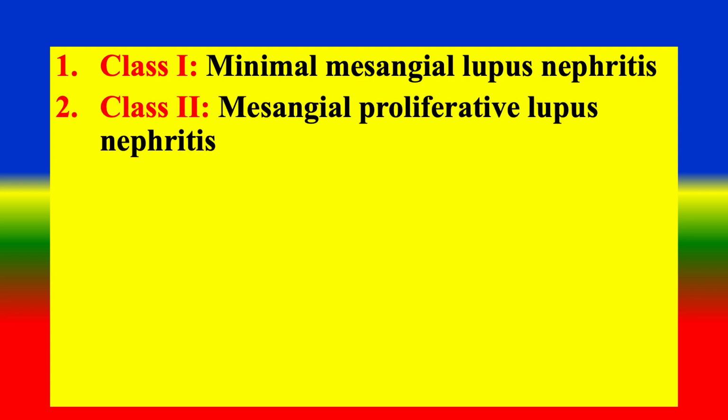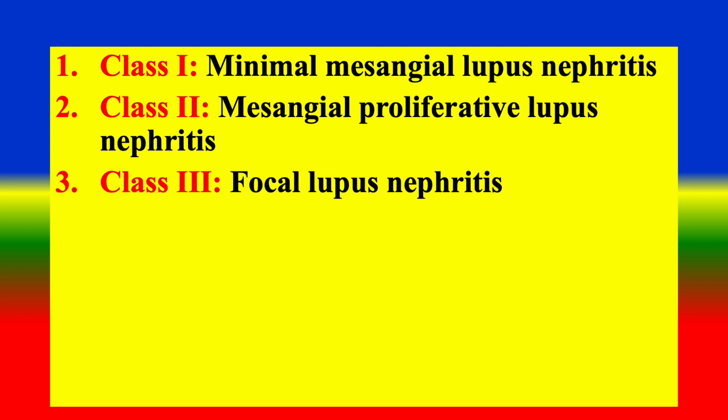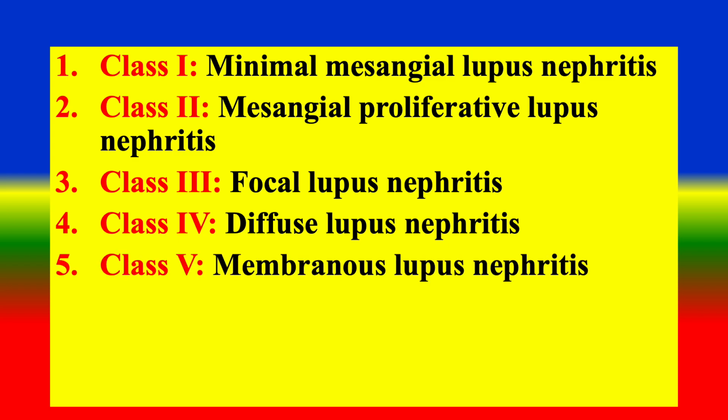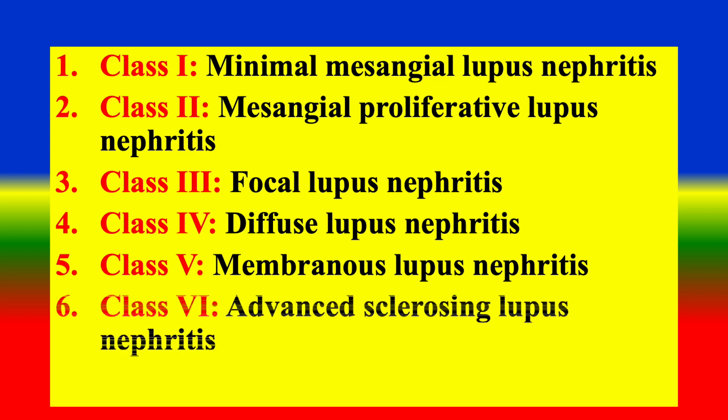Class 2: Mesangial proliferative lupus nephritis. Class 3: Focal lupus nephritis. Class 4: Diffuse lupus nephritis. Class 5: Membranous lupus nephritis. Class 6: Advanced sclerosing lupus nephritis.